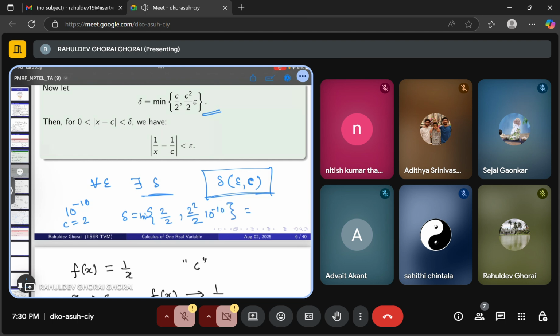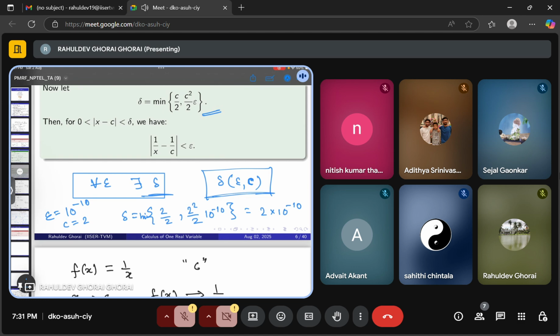So it will be 2 times 10 to the power minus 10, right? When epsilon is 10 to the power minus 10, for c equal to 2, you have delta 2 times 10 to the minus 10. So for all epsilon there exists delta, and you can give it explicitly when you have done this calculation.